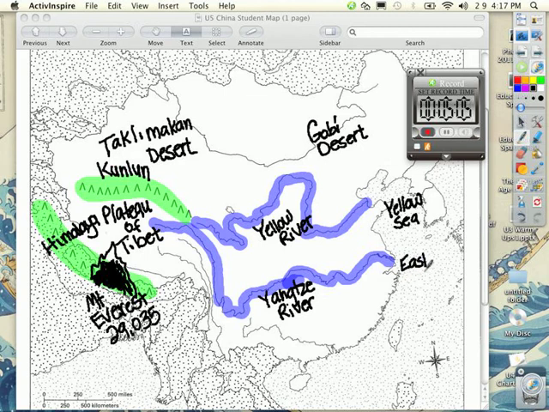So that's pretty easy to remember, as well as Yellow Sea should be pretty easy to remember as well. So we have the East China Sea. And then, believe it or not, off the southern coast of China would be the South China Sea.